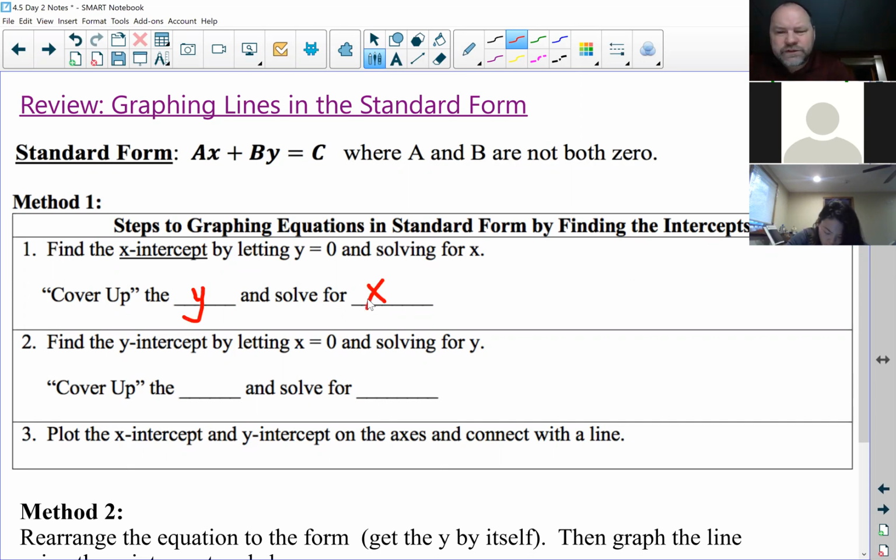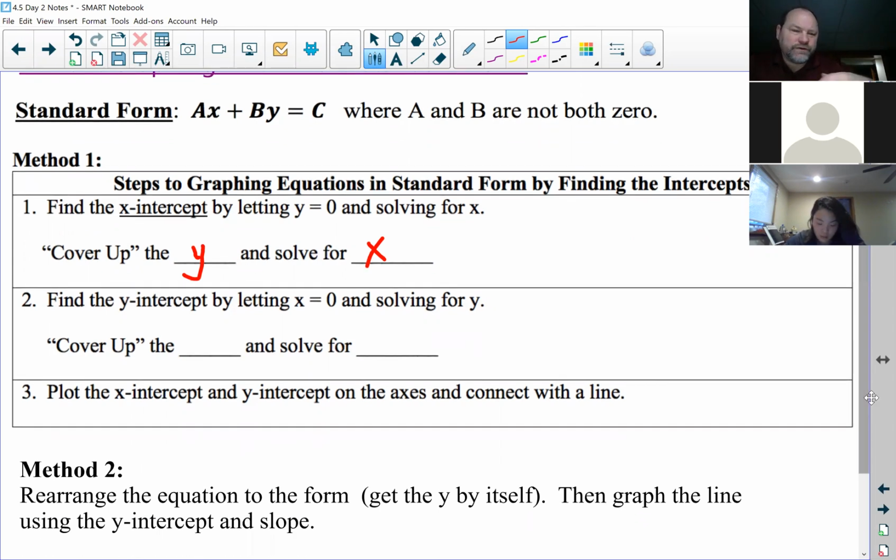And we'll look at this with our examples. So you'll get a point, whatever your x coordinate is, and 0 for that intercept. Then you find the y-intercept by letting x equals 0, or you cover up the x term and solve for y. And then you would plot the x-intercept and y-intercept on the axis and connect those 2 points with a line.